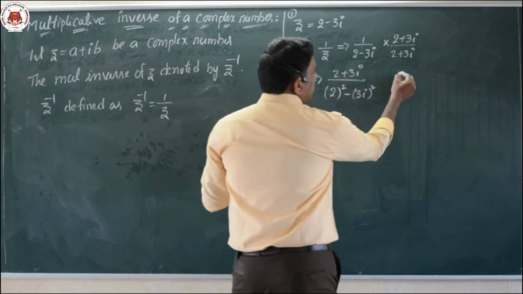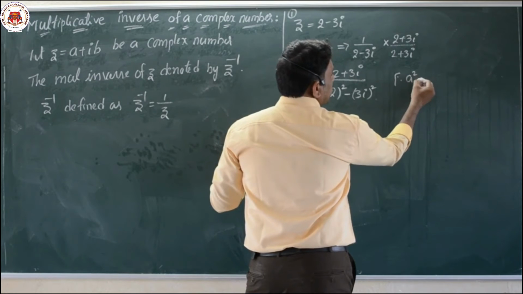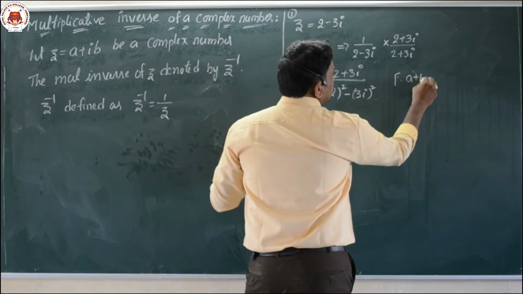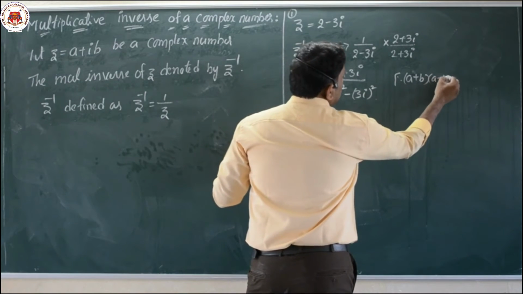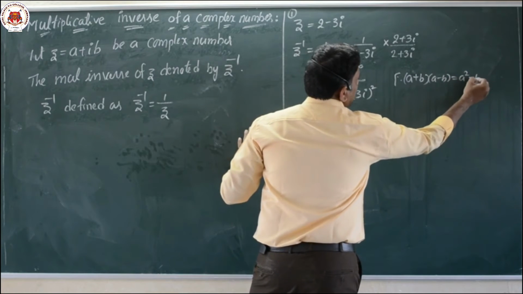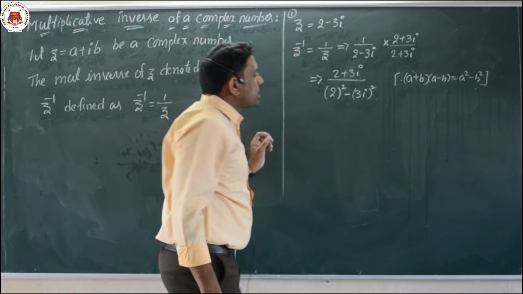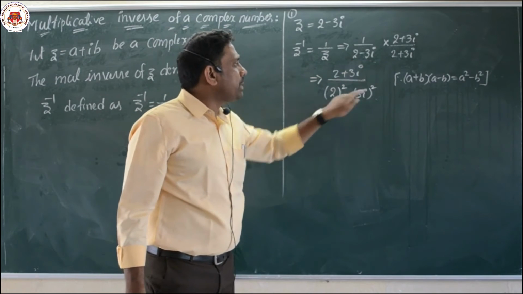Here I am writing the formula: a plus b into a minus b is a square minus b square. Here a means 2, b means 3i.